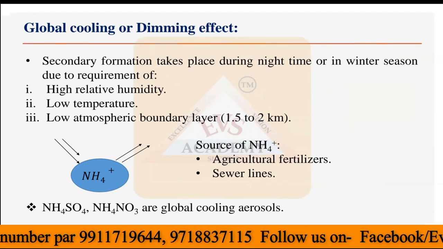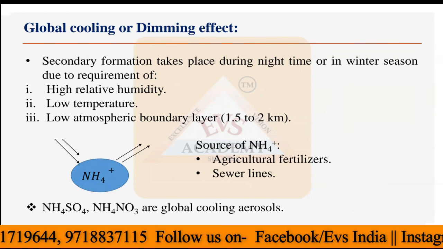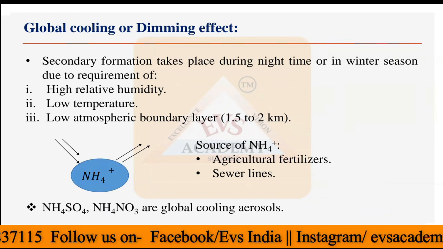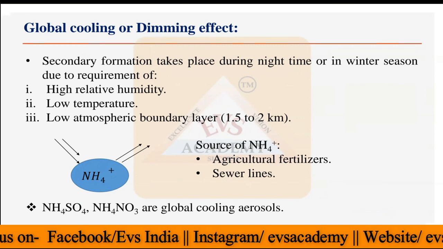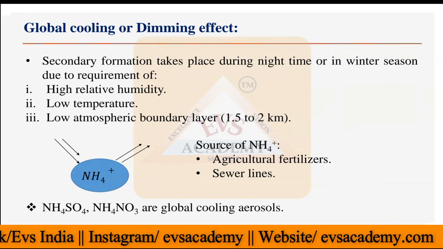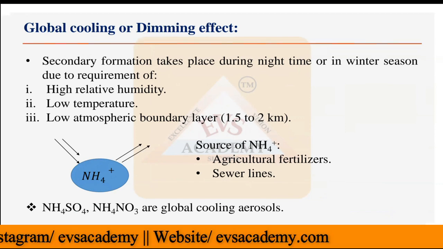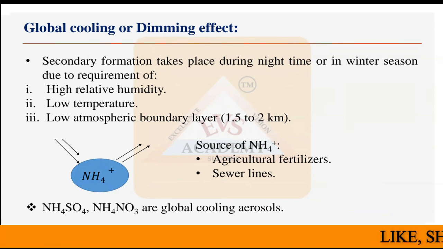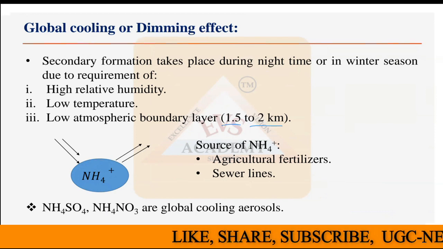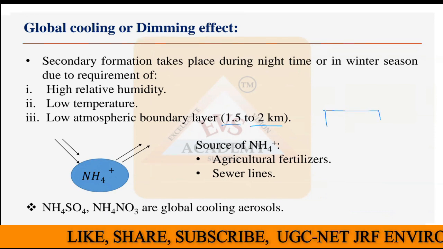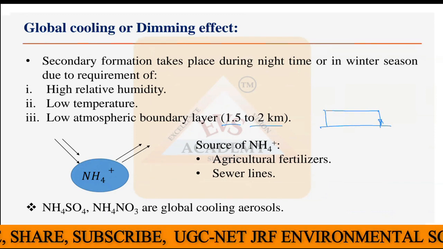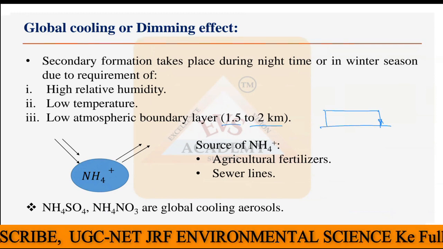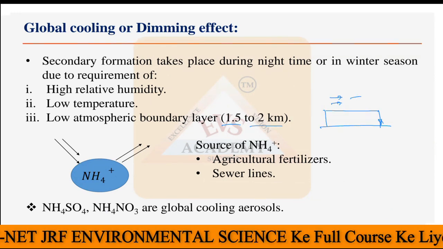Now there is a question you can ask: how or when does this secondary formation take place? This secondary formation takes place only during the night time or in winter season when the relative humidity is very high, the temperature is very low, and you can find a low atmospheric boundary layer, in the range of 1.5 to 2 kilometers. The atmospheric boundary layer is that layer where there is no effect of the higher air which is moving above the surface.